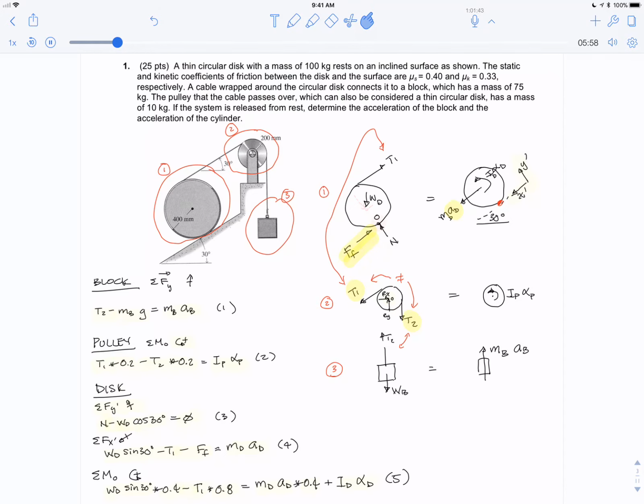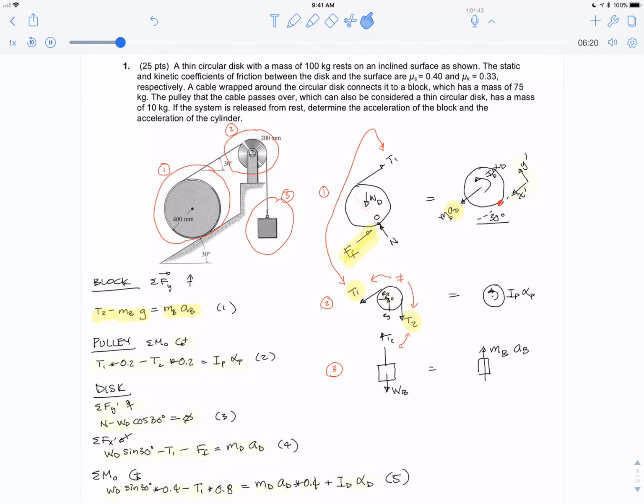So I'm taking the path of least resistance. So I'm starting with the block. That's the easiest one. So I'm taking sum Fy up as positive, so T2 up minus the weight going down will equal MA, which I assume going up. We'll get a negative sign, as you see in a little bit for A.